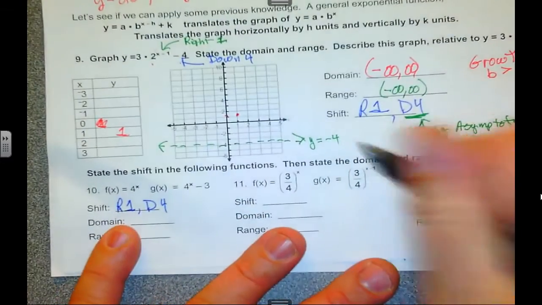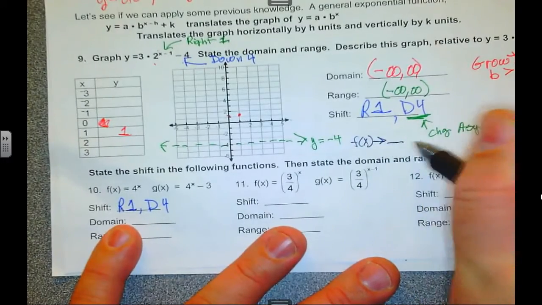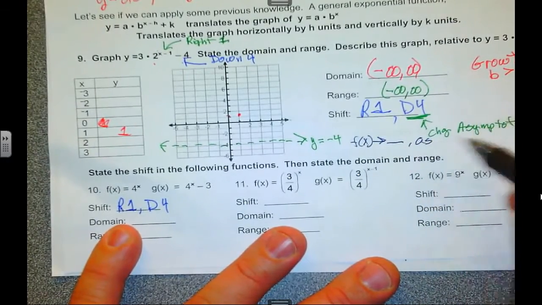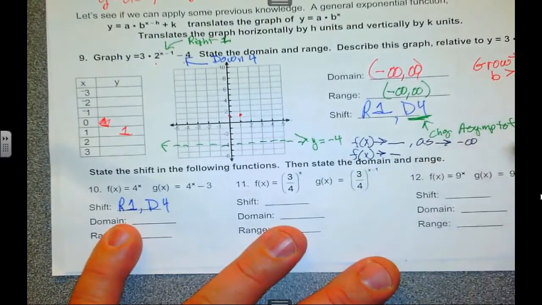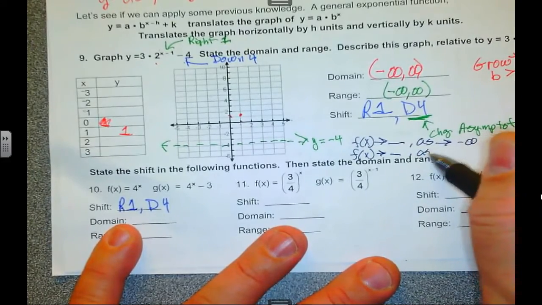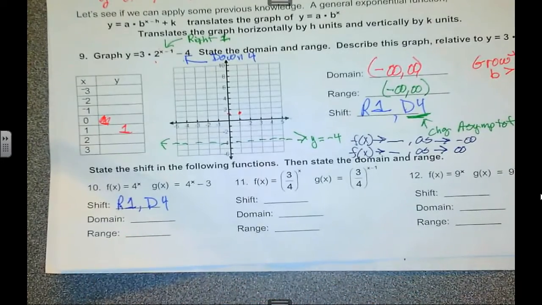End behavior, f of x goes to blank as x goes to the left. F of x goes to blank as x goes to the right. Well, I'm just saying, you're picturing this in your head, right?